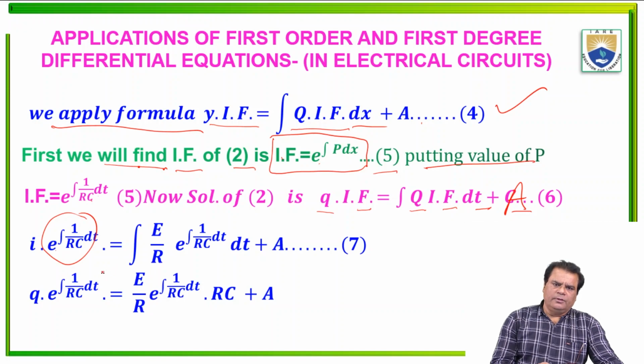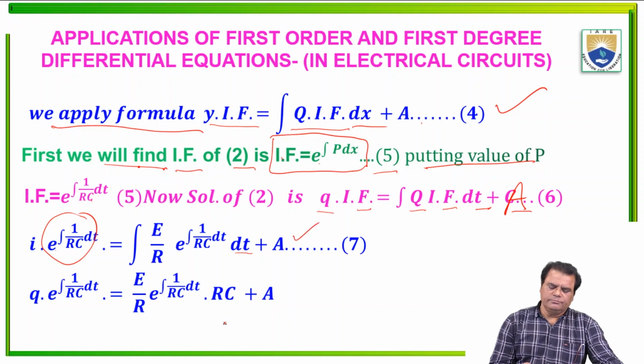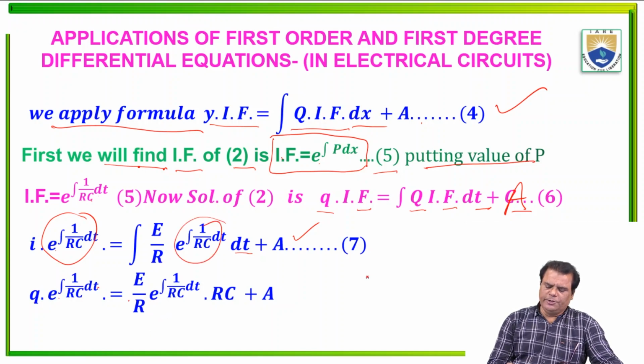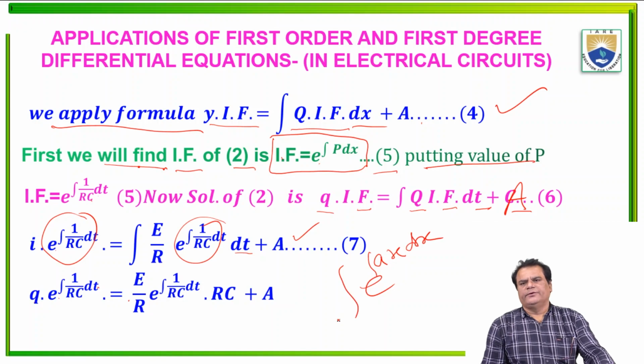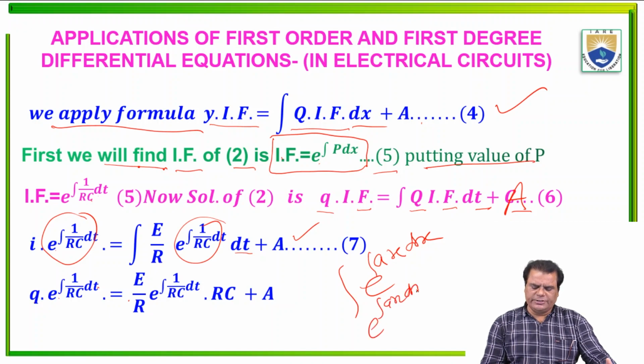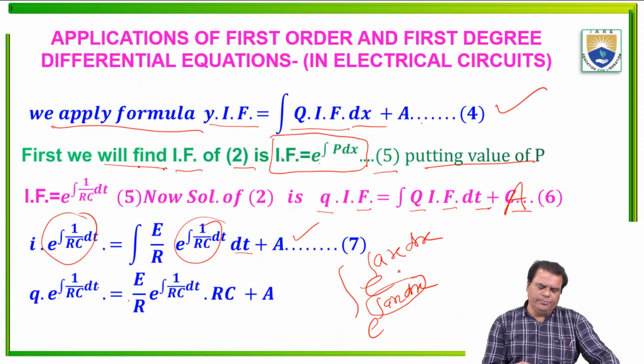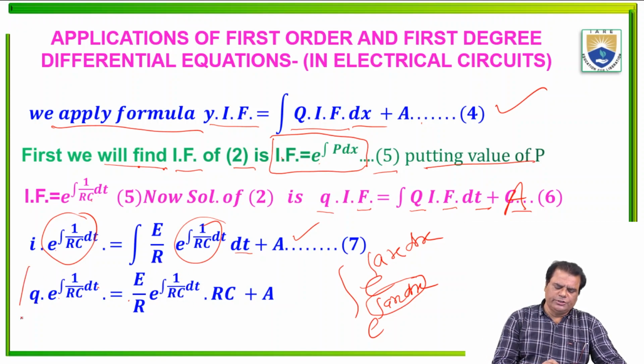So q into e to the power integral of 1 upon RC dt equals E upon R times the integral of e to the power integral of 1 upon RC dt, dt, plus A. Integration of e to the power ax gives e to the power ax divided by a. So we get here 1 upon RC.